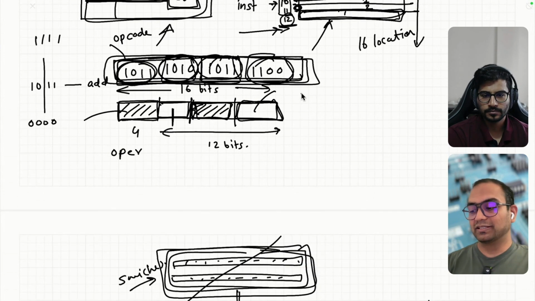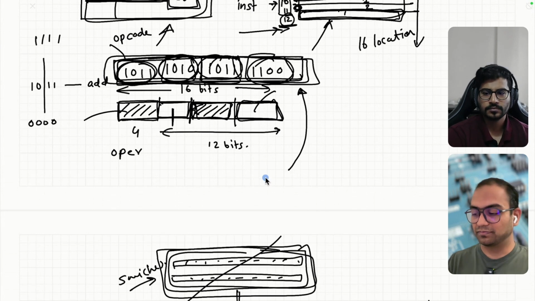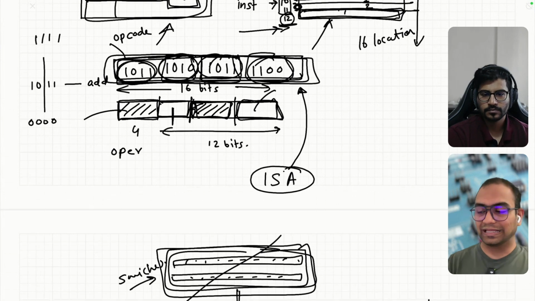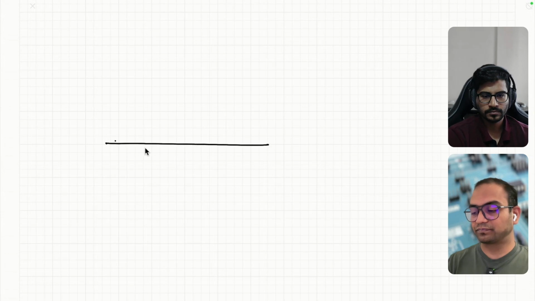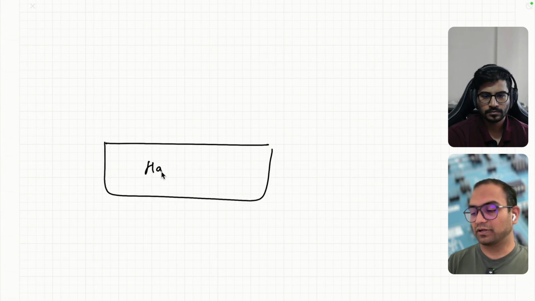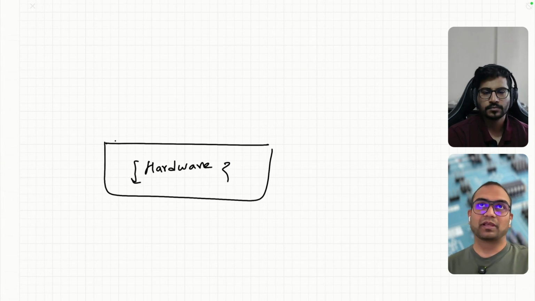Now, before we end this lecture, I want to bring attention to one point, which is that the encoding of the instruction is called the instruction set architecture, and this is very important. You have the actual hardware that is going to do the computation, and that can evolve with time.